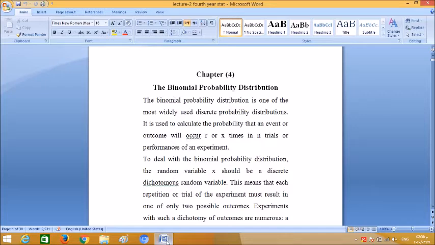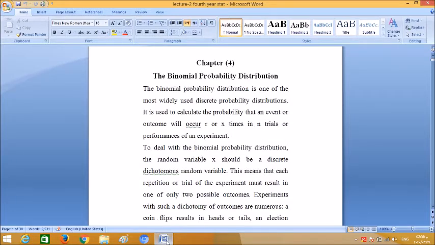So the binomial deals with only two possible outcomes. They are the probability of success and the probability of failure. Okay? Only two possible outcomes. Experiments with such a dichotomy of outcomes are numerous.